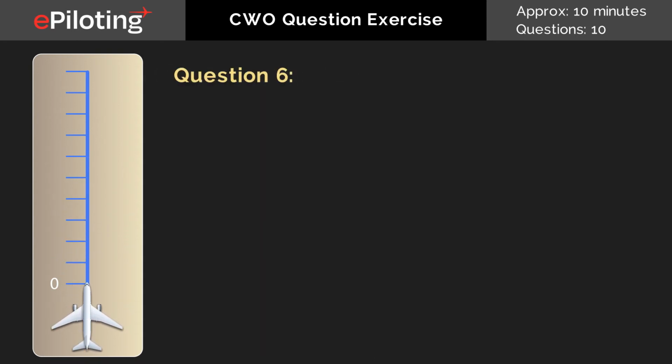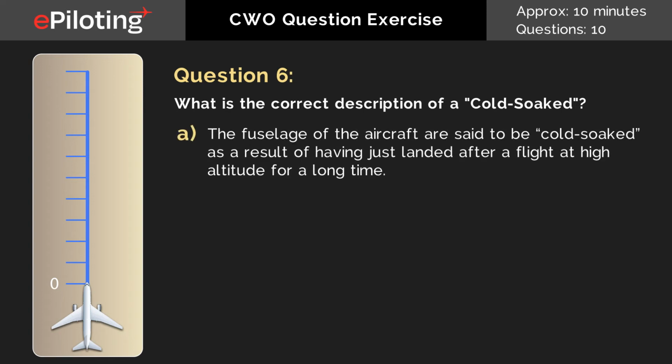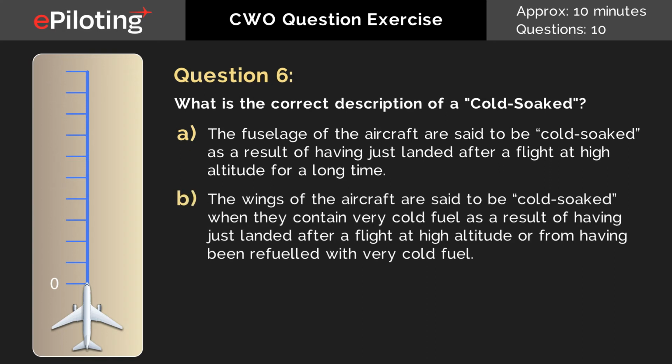Question 6. What is the correct description of a cold-soaked? A. The fuselage of the aircraft are said to be cold-soaked as a result of having just landed after a flight at high altitude for a long time. B. The wings of the aircraft are said to be cold-soaked when they contain very cold fuel as a result of having just landed after a flight at high altitude or from having been refueled with very cold fuel.